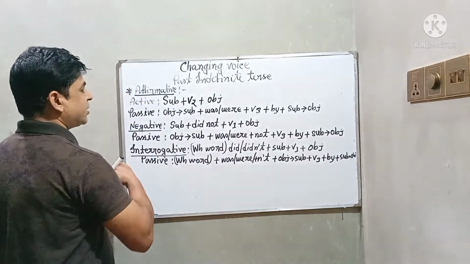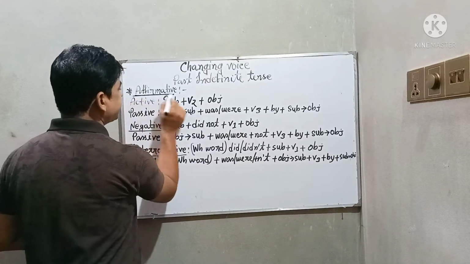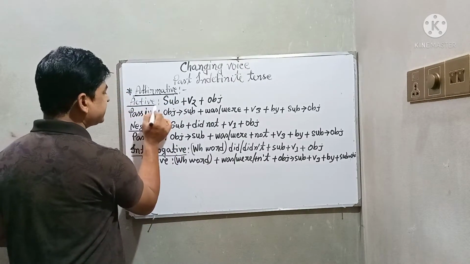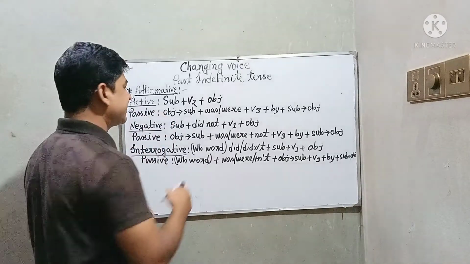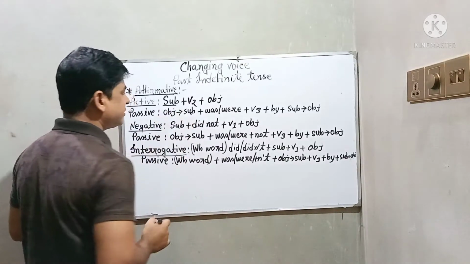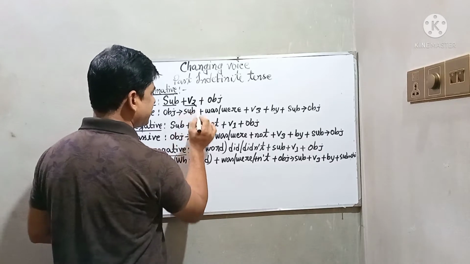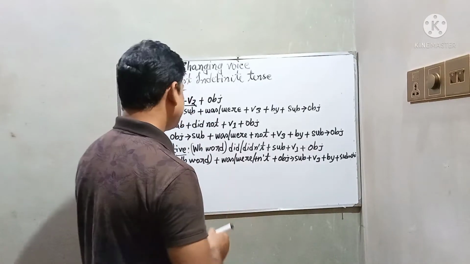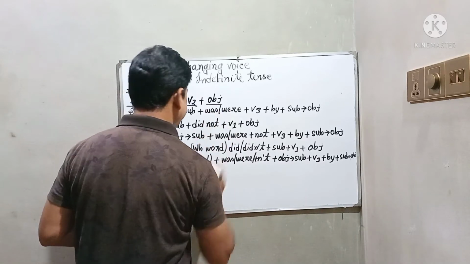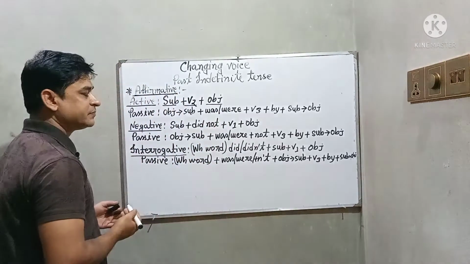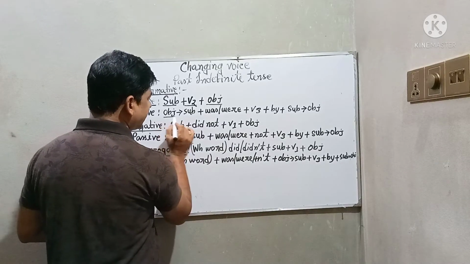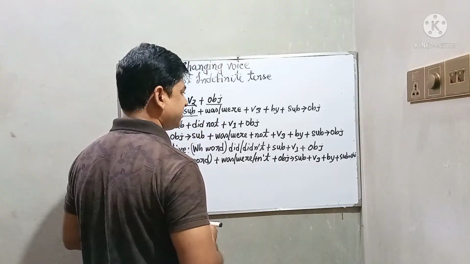Okay, now first of all we are going to discuss affirmative sentence. My dear students, if you see the structure of active voice, you will get subject first, then V2. V2 means verb past form, then object of the sentence. If you want to make it passive, you have to convert your object to subject.